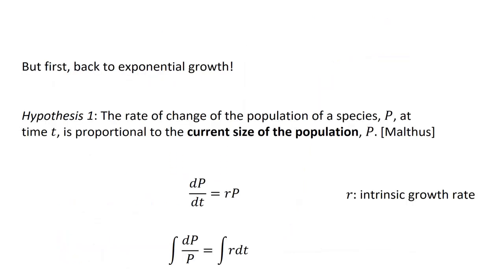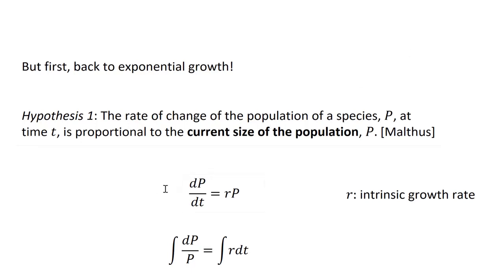Before deriving the logistic function, we return to exponential growth to understand where the differences in the two growths actually come from. Back in 1798, an economist by the name of Malthus published a paper in which he observed that the rate of a population's growth is proportional to the size of the population.